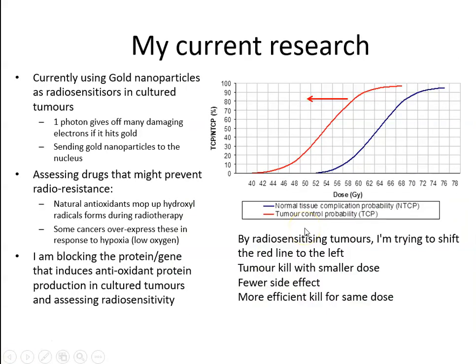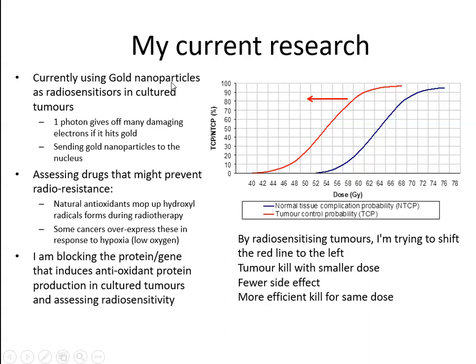So just for a little bit of context to let you know what sort of research that I do, I'm currently using gold nanoparticles as potential radiosensitizers in little mini tumours that I grow in the lab. So gold nanoparticles are little clusters of gold atoms, maybe 1,000 gold atoms all stuck together.